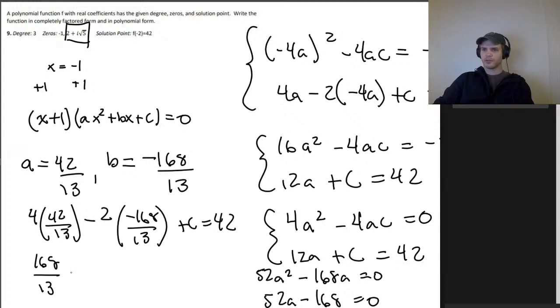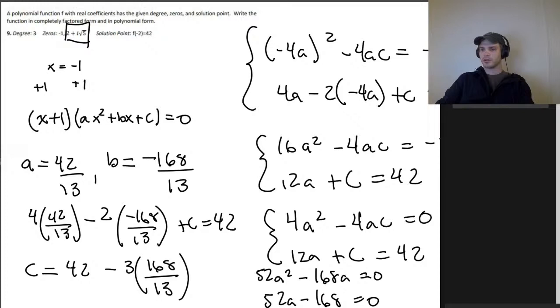So this will be 3 times 168 over 13. So we'll just subtract that from both sides. Okay, let's see here. I'm just going to do this on the calculator.